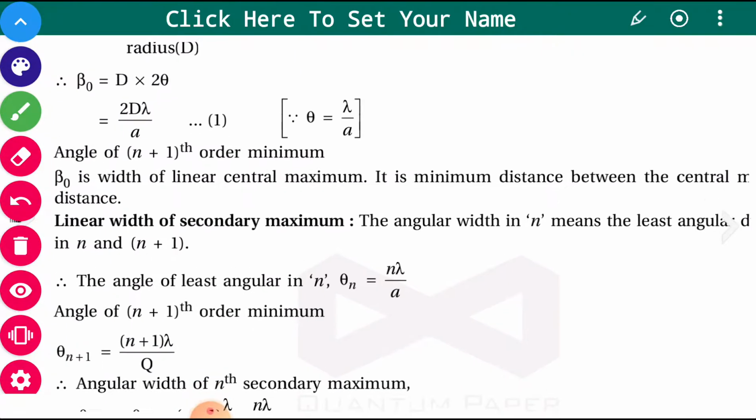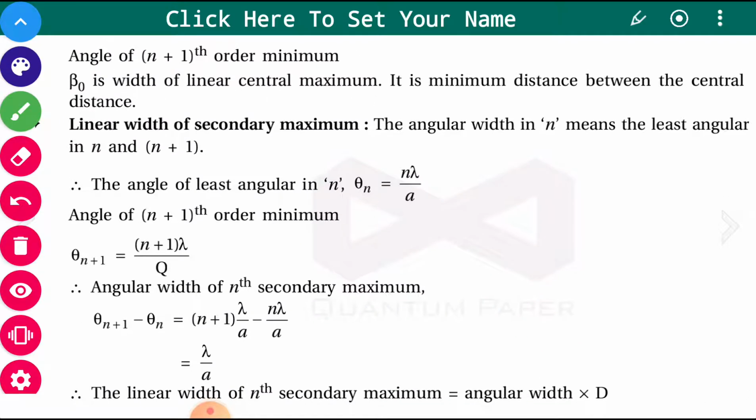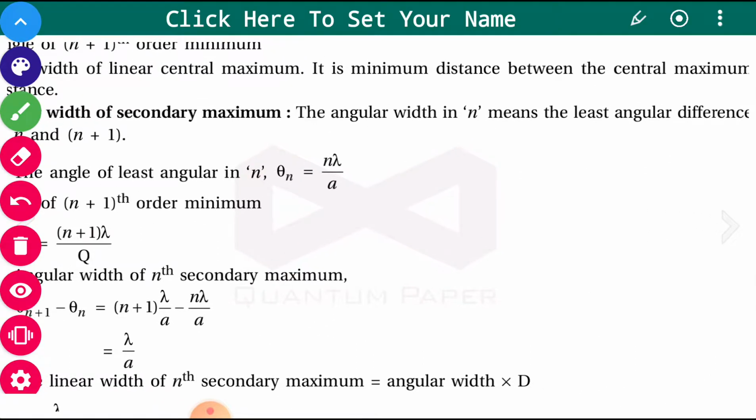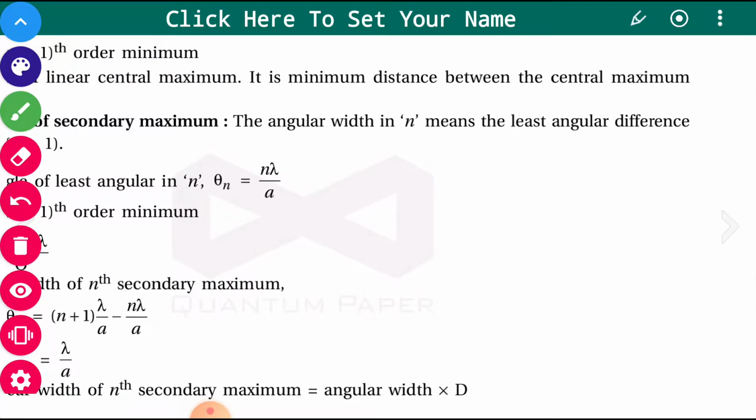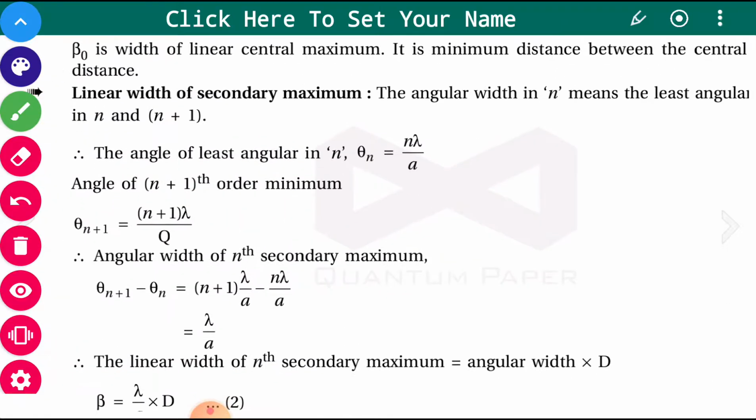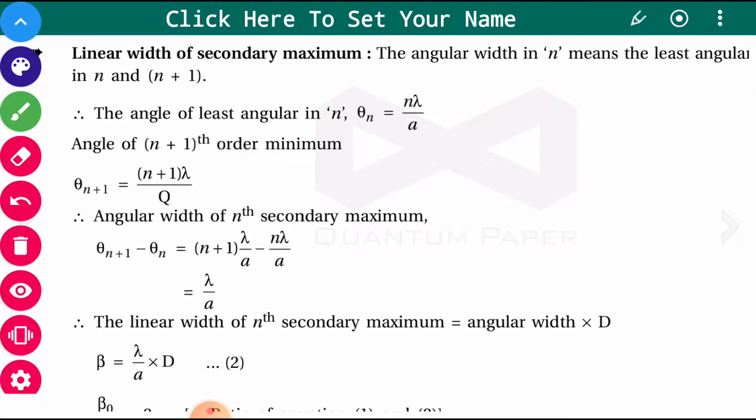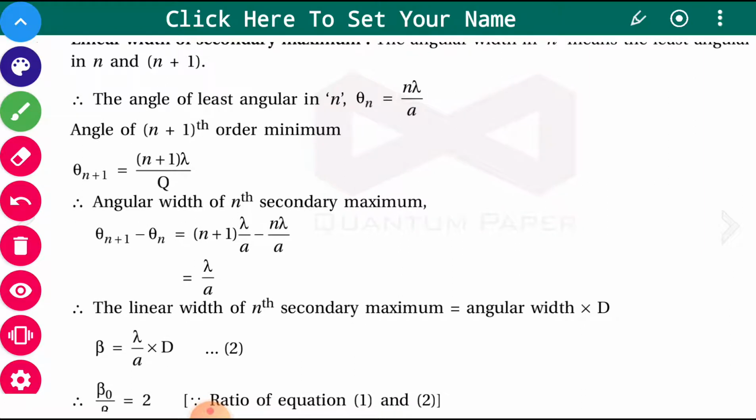This way also it can be understood. Now the angular width of the nth order, that is the angular difference between n and n plus 1: theta n will be n lambda upon a, and for the n plus 1th order it will be n plus 1 lambda upon a. Okay, this is a.